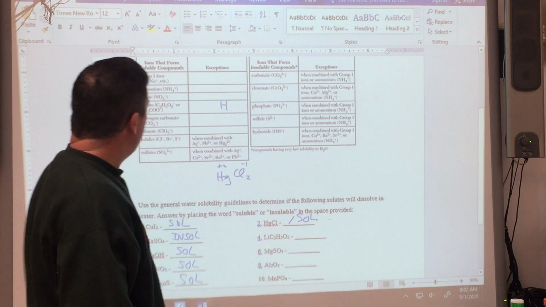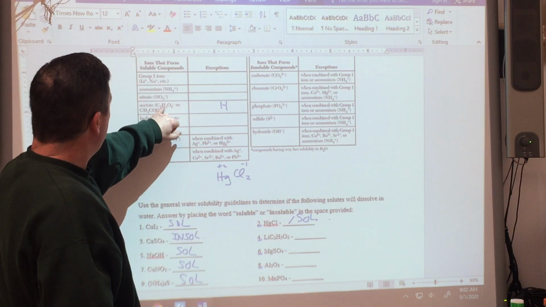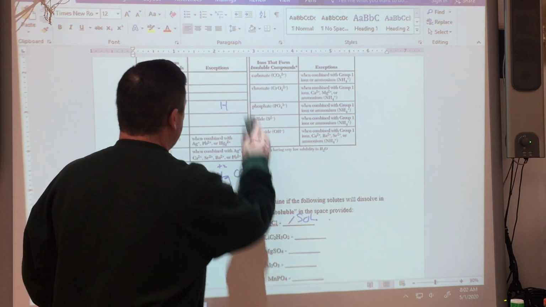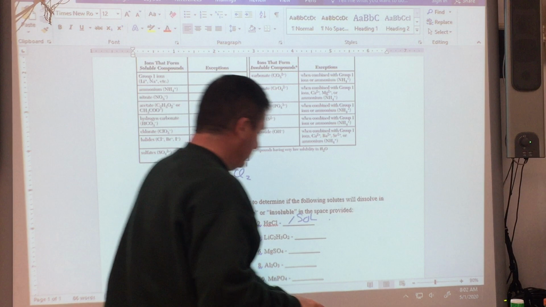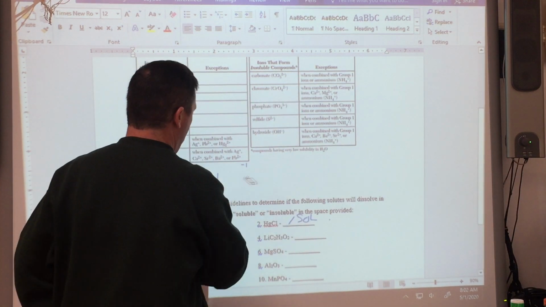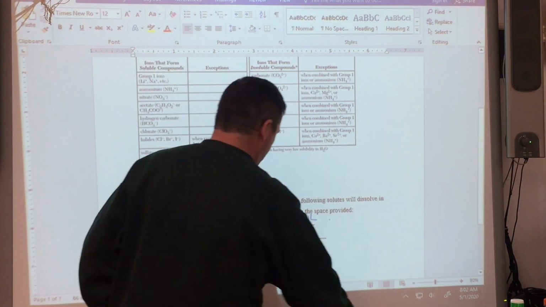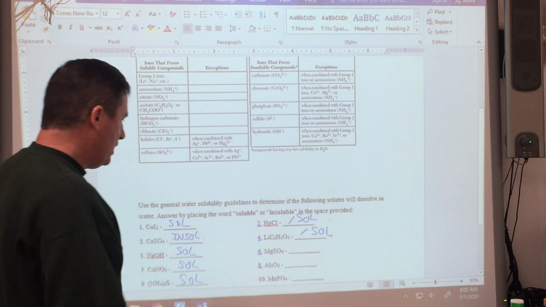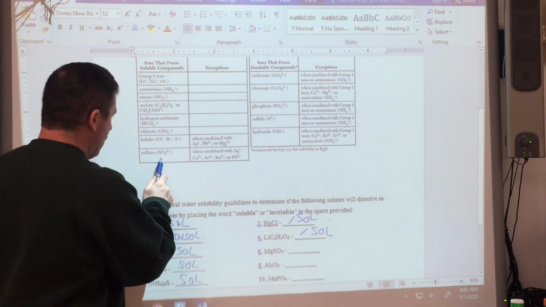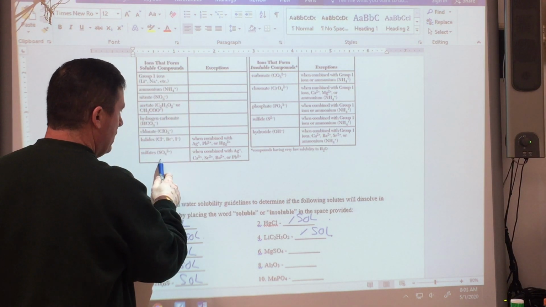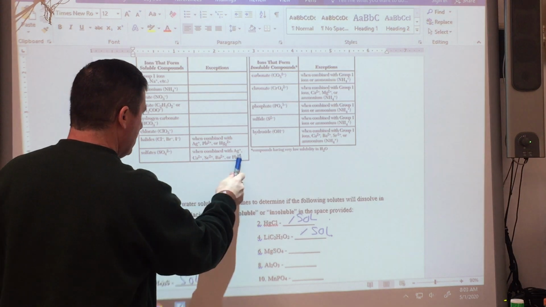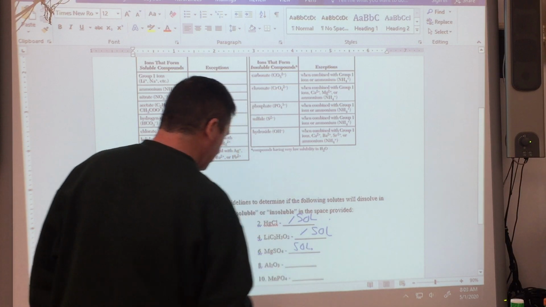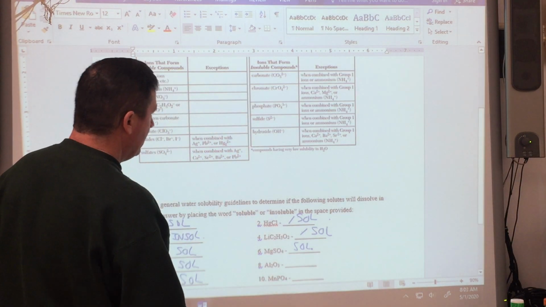Okay, C2H3O2. Here's that, C2H3O2. They are all soluble. There are no exceptions. So this is soluble. Magnesium sulfate. Okay, here's the sulfate. They are all soluble. Is magnesium an exception? Silver, no. So they're all soluble. Aluminum oxide.